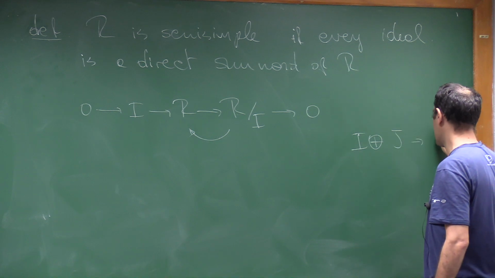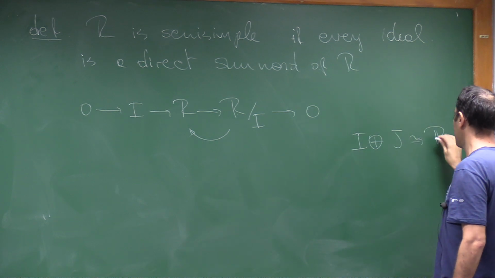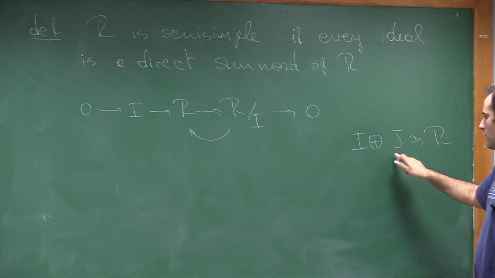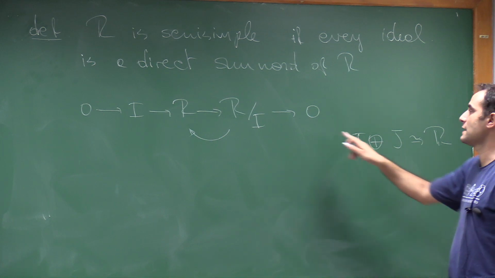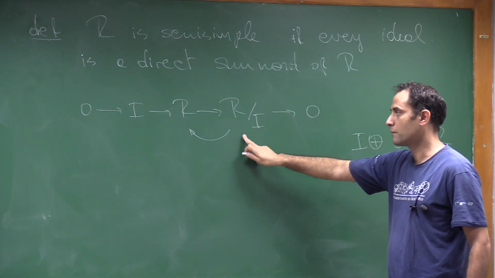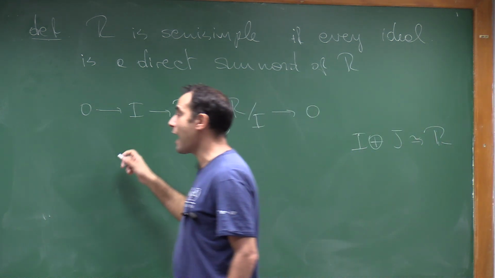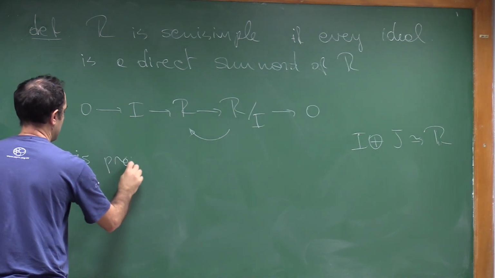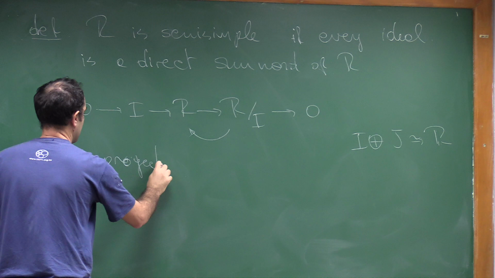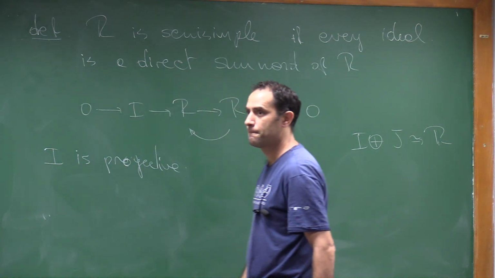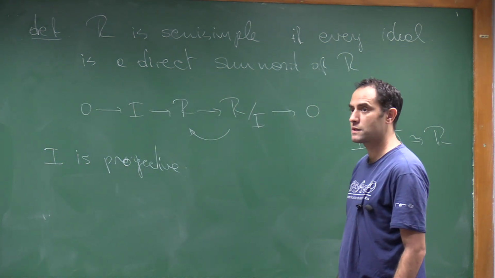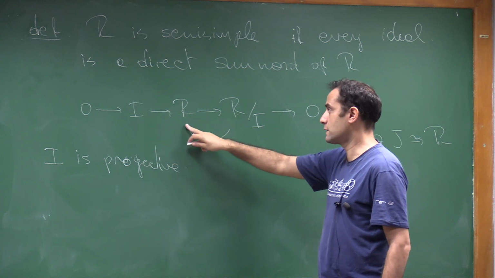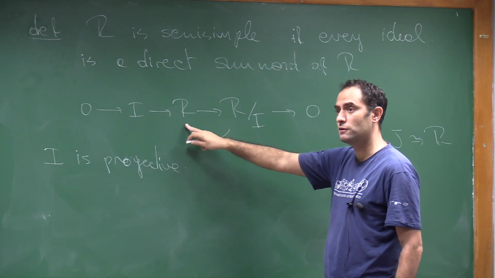You can find a complementary subspace to I, and that something needs to be isomorphic to R mod I. This in particular says that I is projective, because it is a direct summand of a free module.